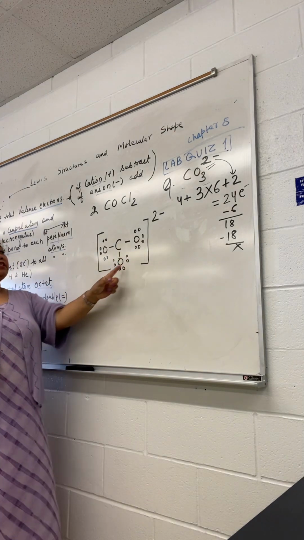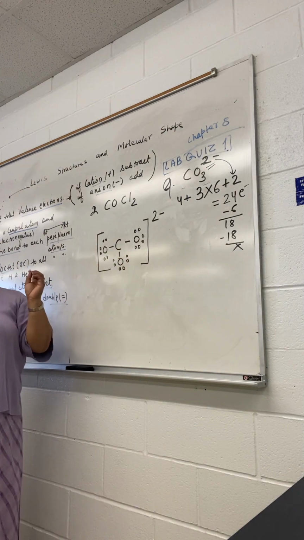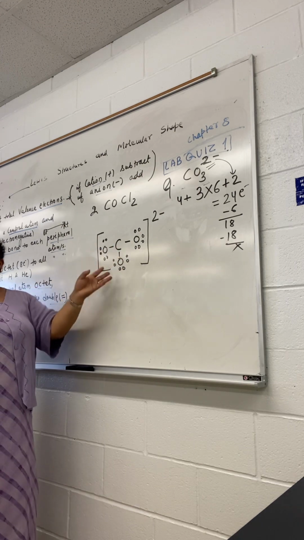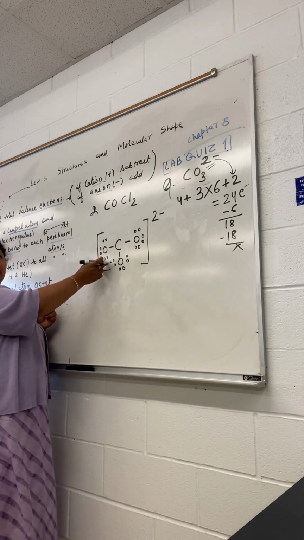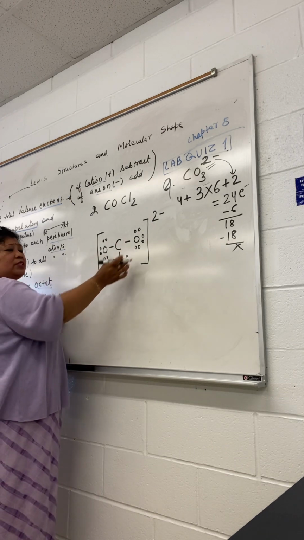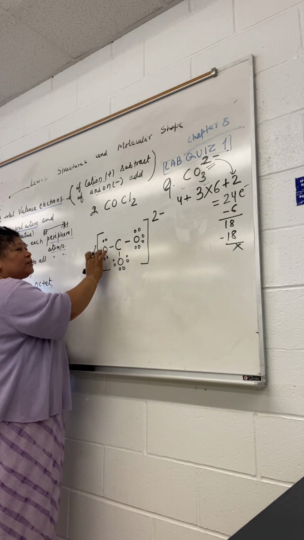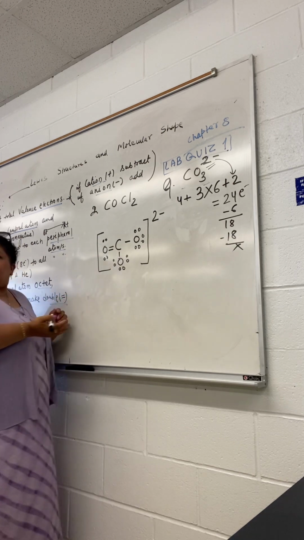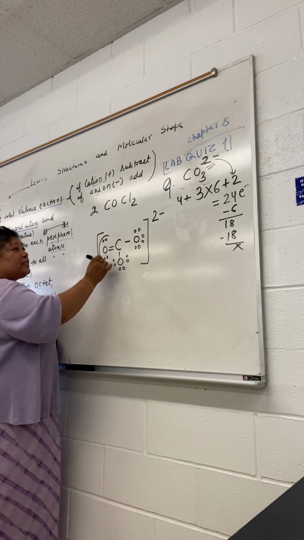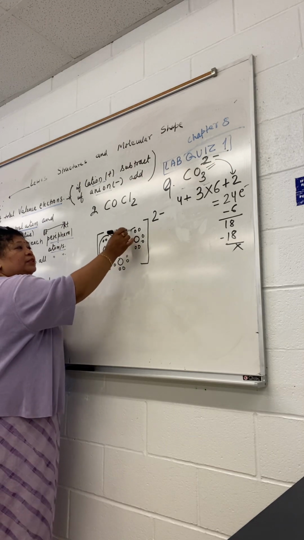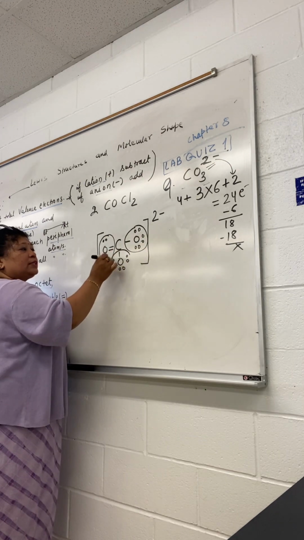Since they are all the same oxygen atoms, any one could be willing to make the double bond, right? So either this oxygen or this or this. So let's try this one. That's fine, right? Looks good now. This oxygen also totals 8.